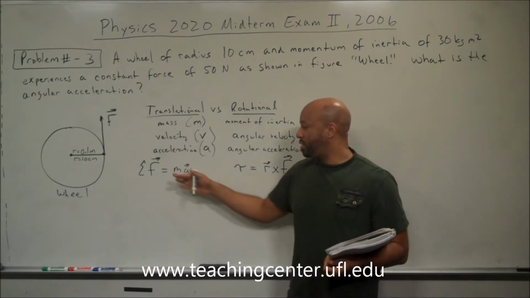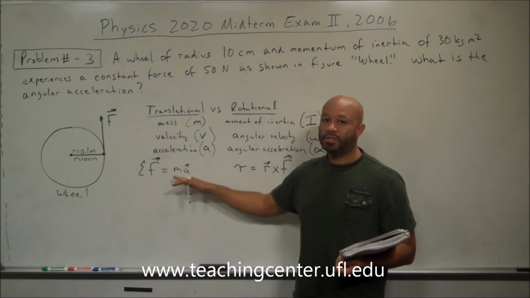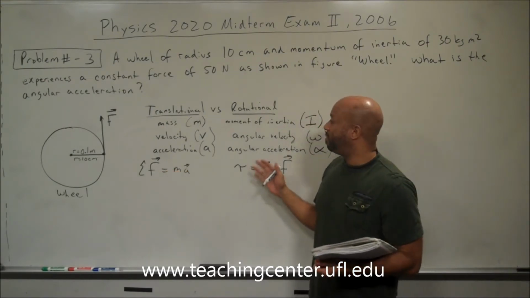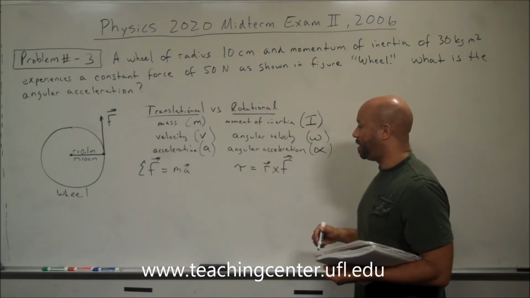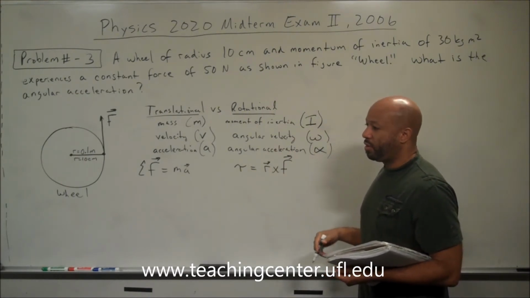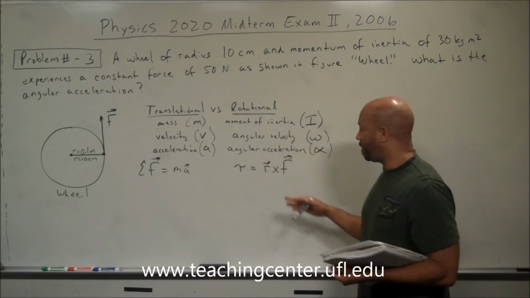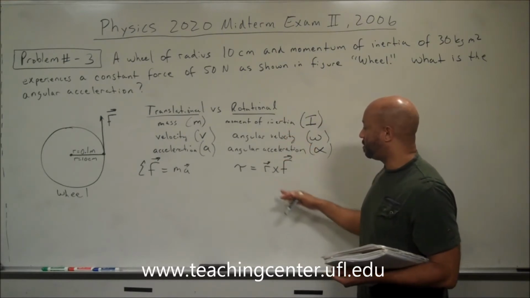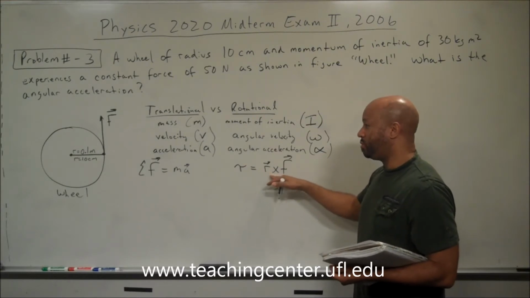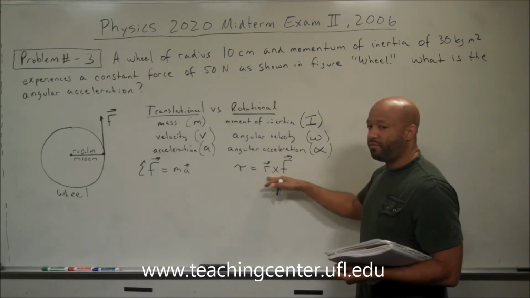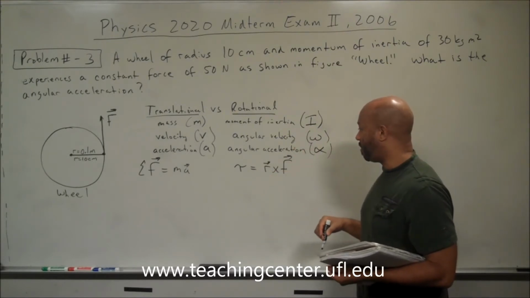Newton's second law says for translational motion that the sum of the forces is equal to mass times the acceleration. If we're talking about rotational motion, we're talking about torque, which basically is the rotational force that's needed to cause something to rotate, and that's defined as the radius or the distance between the pivot point, that vector, cross the force vector that's applied to that particular point.